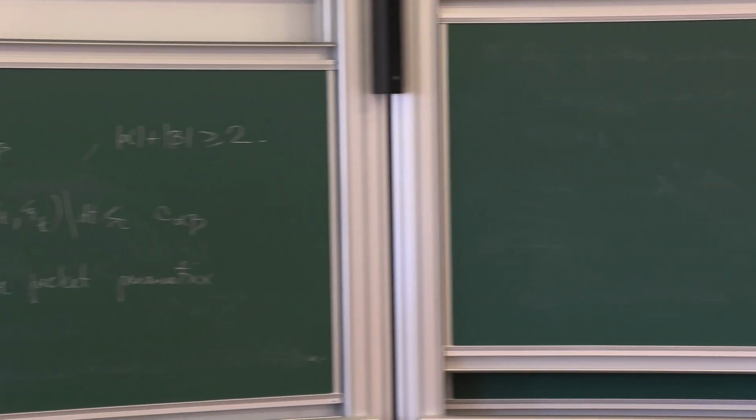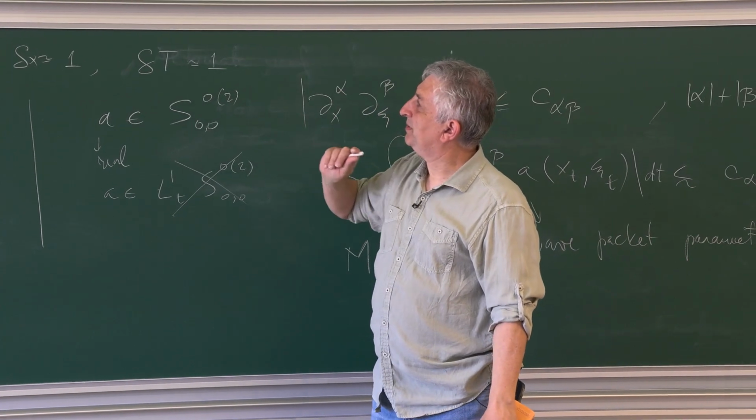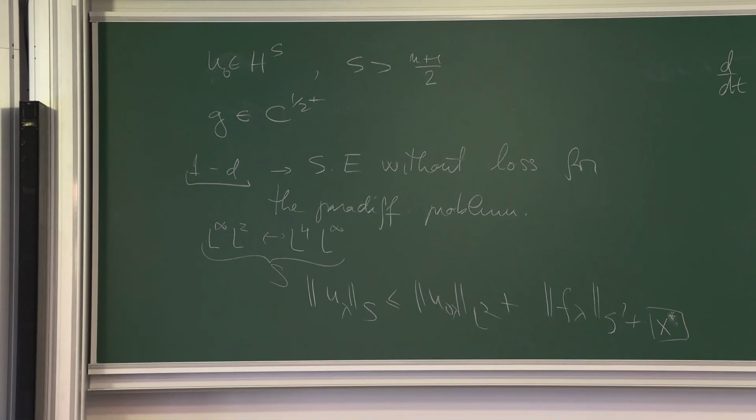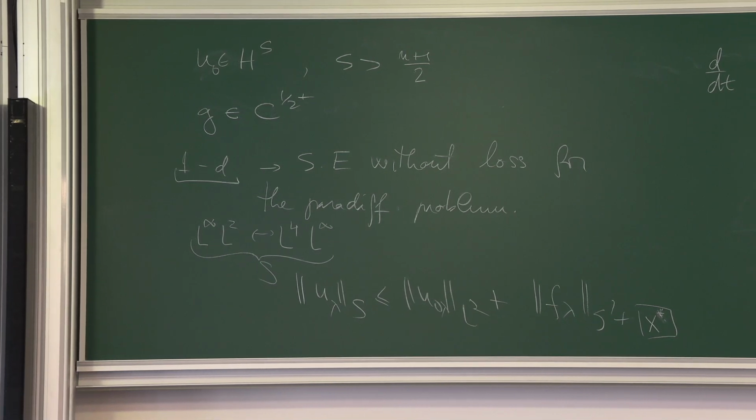All right, so let me tell you right off the bat what are some advantages, even if you don't think of the nonlinear equations, what are some advantages in putting that X star over there, in making the space of source terms bigger.